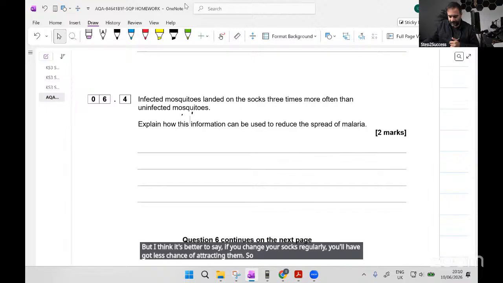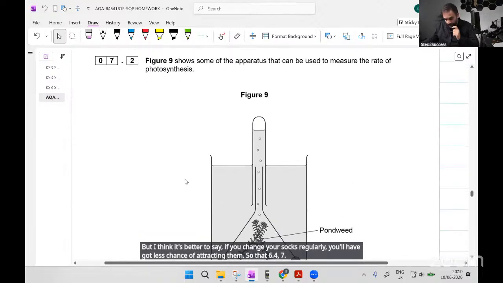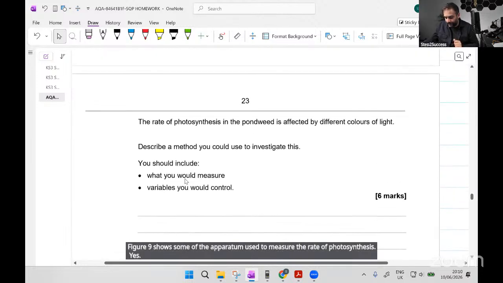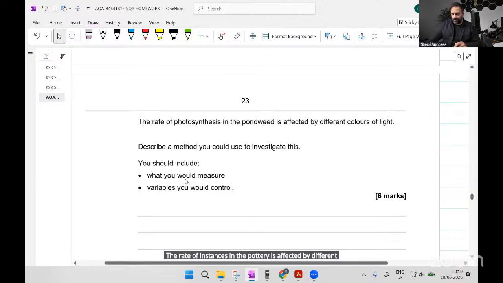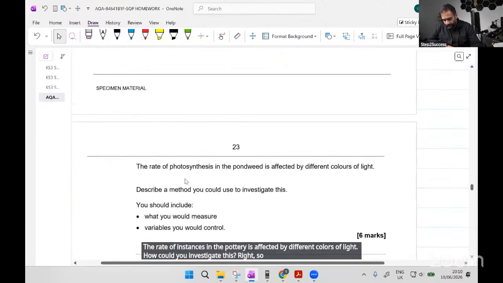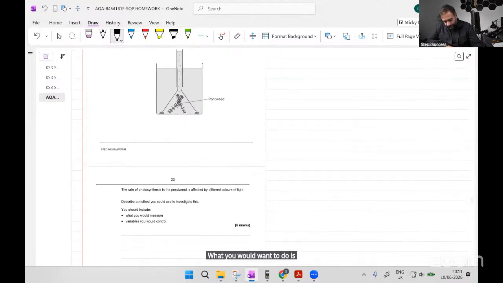So that's 6.4. 7.2. Figure 9 shows some of the apparatus used to measure the rate of photosynthesis. The rate of photosynthesis in the pondweed is affected by different colors of light. How could you investigate this? So what you would want to do is, different colors of light, so set up a lamp and then you need a fixed distance.